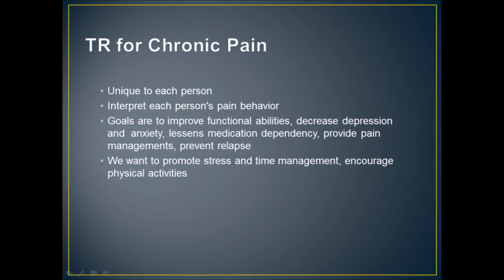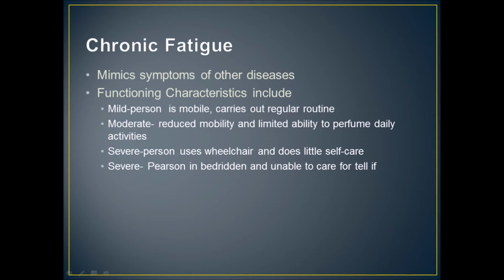So as a TR, it's unique to each person, but we want to help them to decrease their depression, anxiety, lessen their dependency on medications, provide pain management, prevent relapse, so going back into the undesired things. And we want to promote stress and time management. And we also want to encourage physical activity so they're not just sitting there.